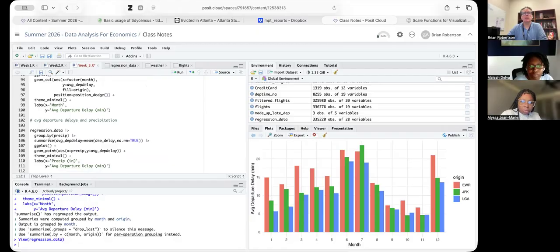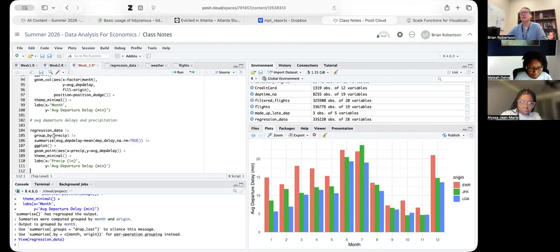Okay, so what did we do here? We start with our regression data. And what I want to know is, is there a relationship between precipitation and average departure delay? In theory, I could plot all that data out in a scattered way, but I may want to average that. Why are we grouping by precipitation and then doing an average?